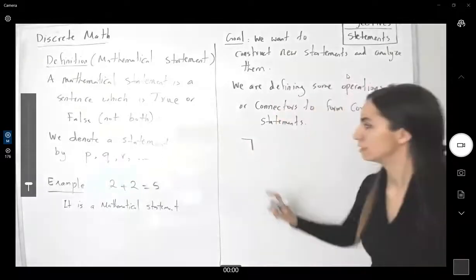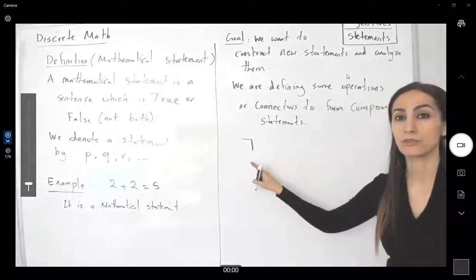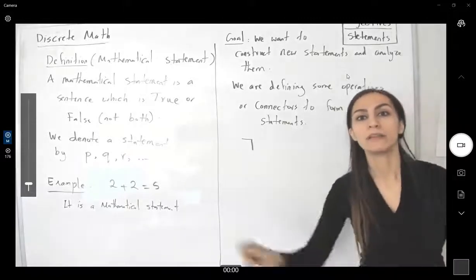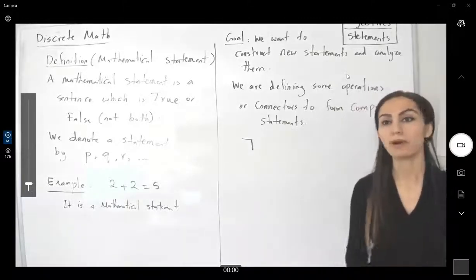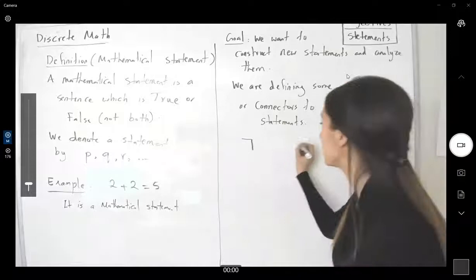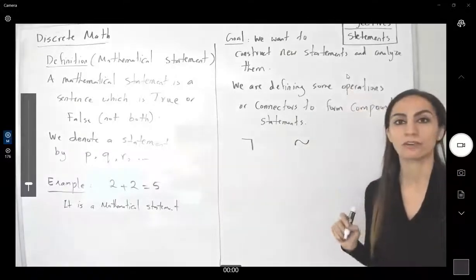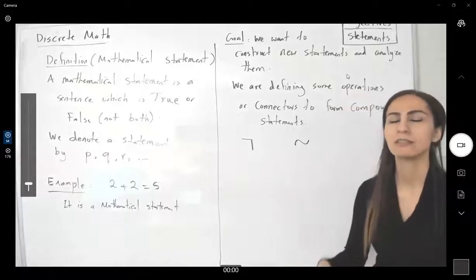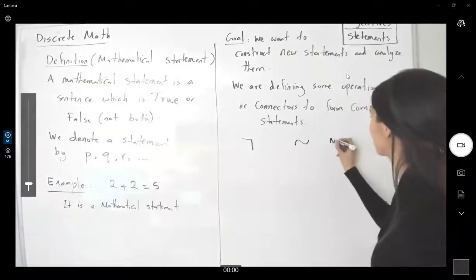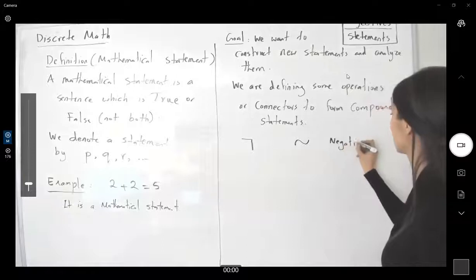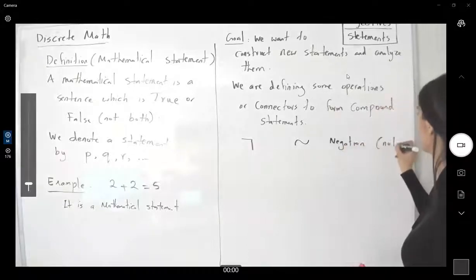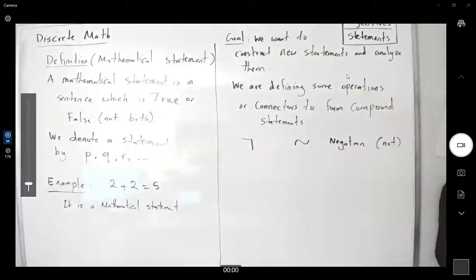The very first one is negation. This is the symbol that we use for negation. If you open different discrete math books, you might see this notation as well. So both of these are representing negation, read as not. It's not the case that, not.